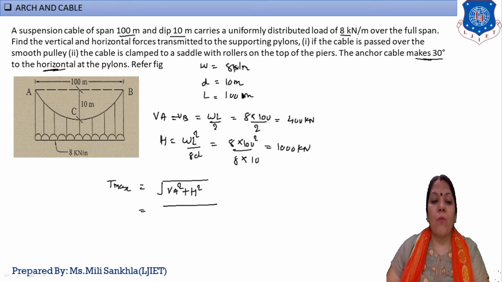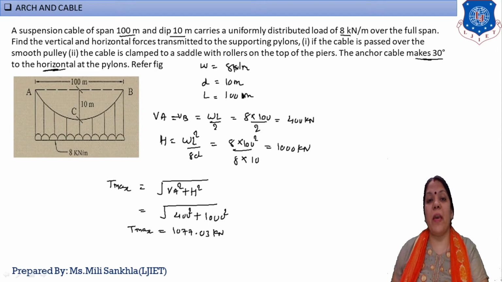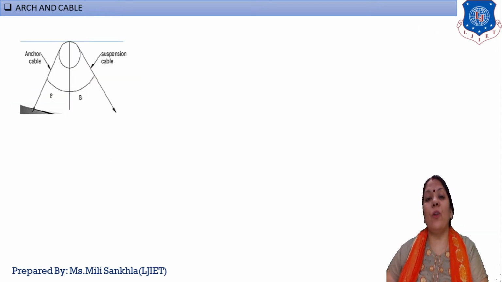Now what is the value of VA? VA and VB is equal to 400, so 400 square plus H equal to 1000 square. Now T max is equal to 1077.03 kilonewton. Okay, here we find out VA, VB, H and the maximum value of T maximum.